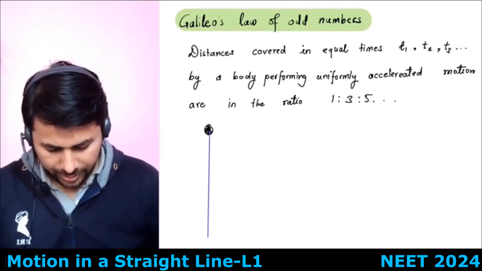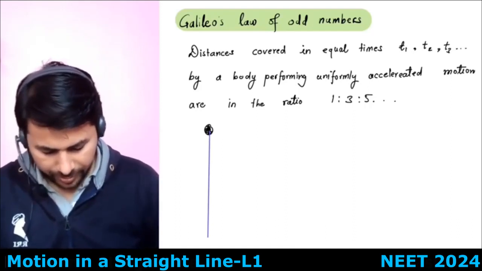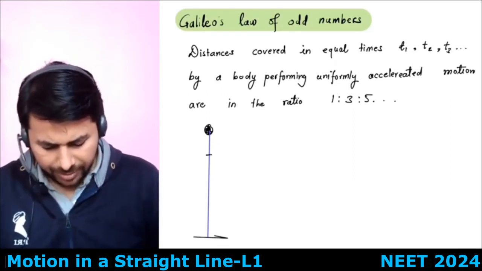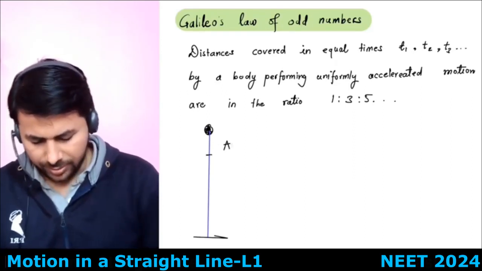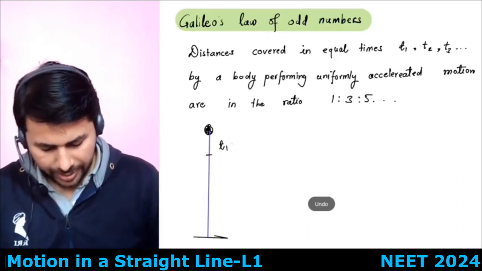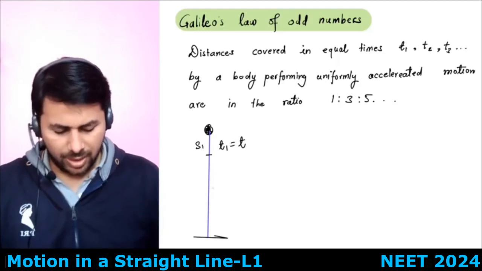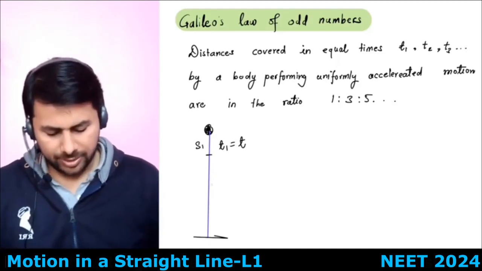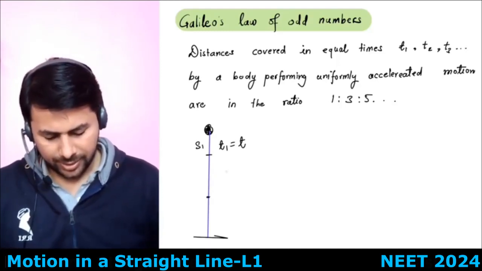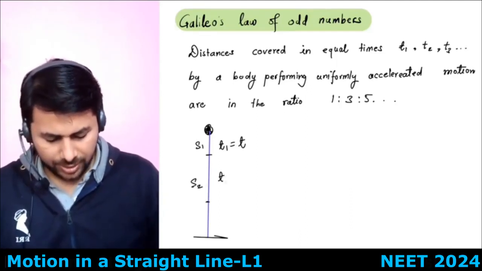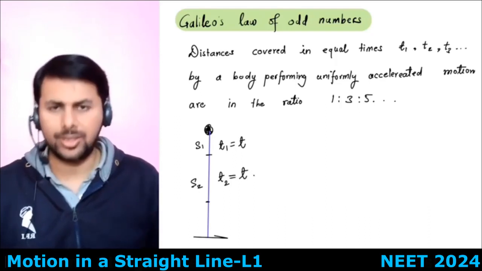In some time t1, equal to t, it covers some distance. This is s1. In the same time it covers some more distance, suppose s2, in time t2 which is also equal to t.